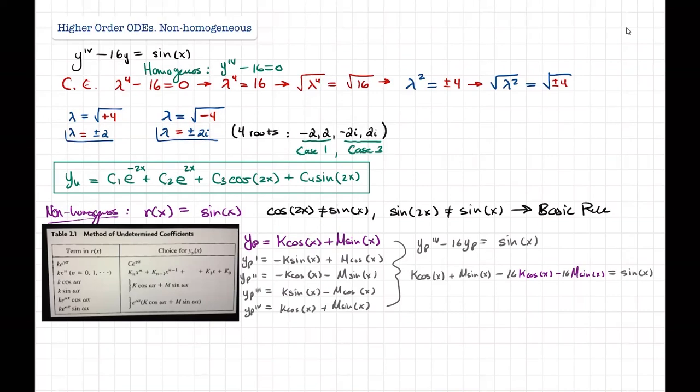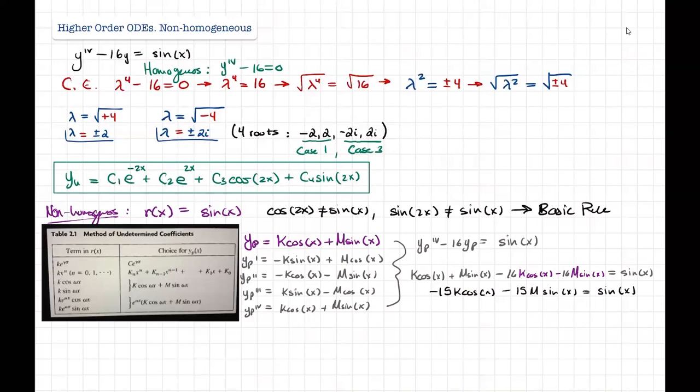You can see that if we get everything together, this will transform into negative 15K cosine of x minus 15M sine of x equals sine of x.